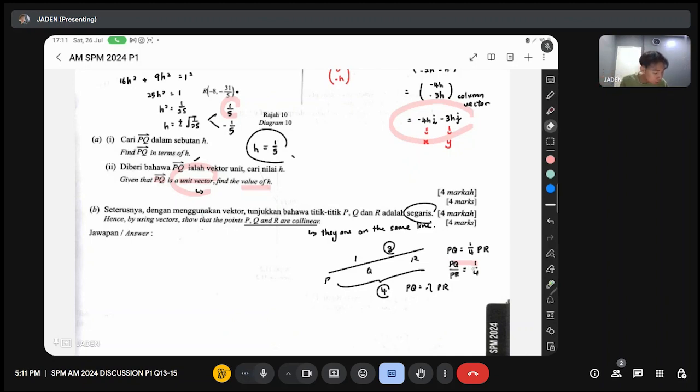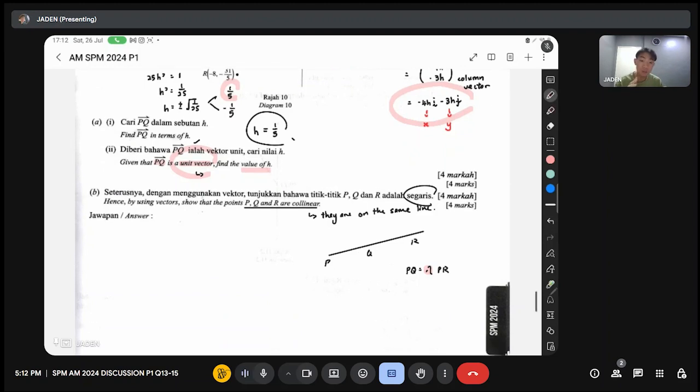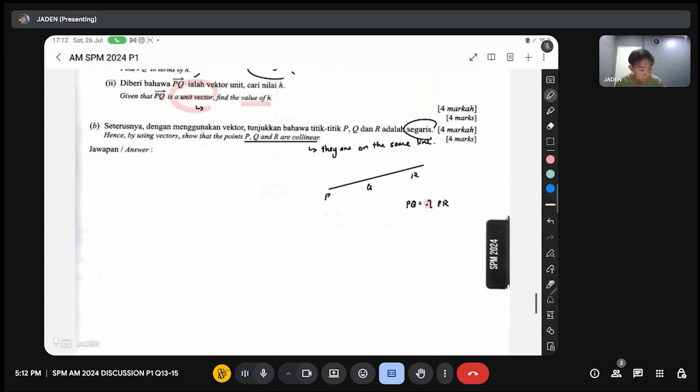So right now we are dealing with P, Q and R. If you want to show proof, you want to determine what your lambda is. If you can work out this lambda, then you will be able to prove that they are collinear. Okay, let me show you how this is done. So PQ equals lambda PR. You want to write this down.